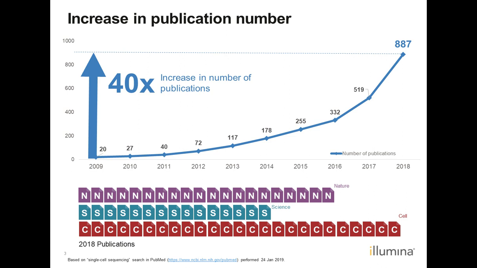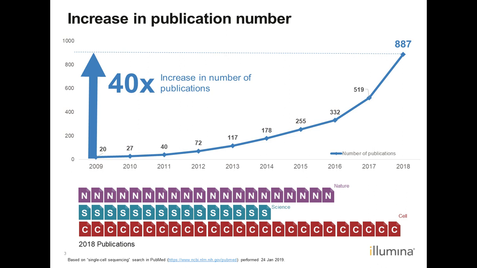Taking a look at the trend in single-cell publication numbers, you can see here that it's almost an exponential growth curve. The reason why the graph here starts in 2009 is because in that year, the first single-cell sequencing article featuring NGS was published. And as you can see, there has been a 40 times increase in the number of publications since then.